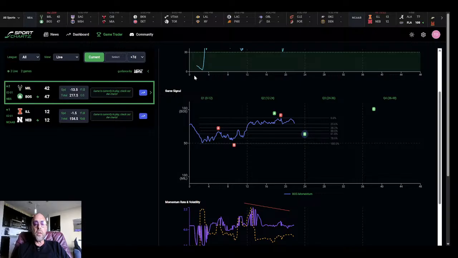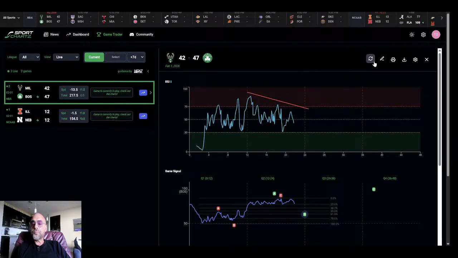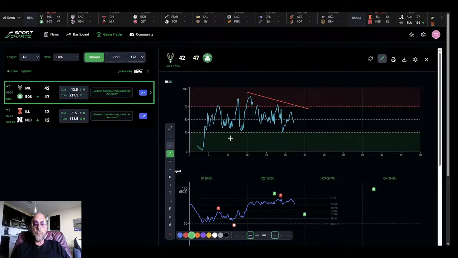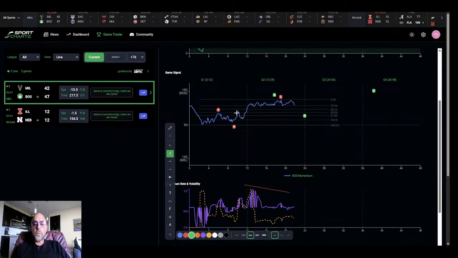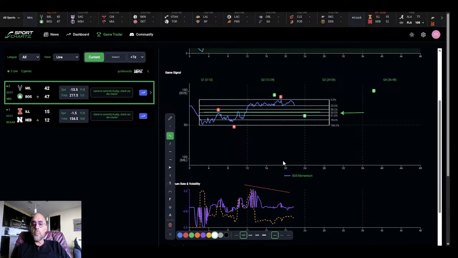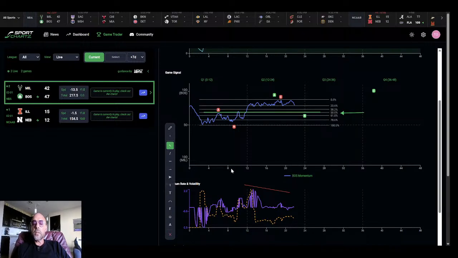So it might be short-lived. Let's see. You know, there's some kind of support right in there, which lines up with the 50%. See that? Let me make this a little darker. I like it faded, but now you can see it, right?